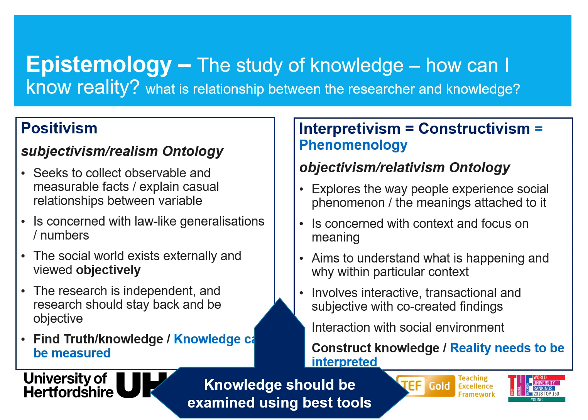They explore the way people behave or socialize in a particular context, and the meaning attached to it as well. Why people behave differently, or why this particular group of people behaves differently than others from the same age range or the same social cultural background. So this is concerned with the context and focuses on the meaning, and also aims to understand what is happening and why that happens within a particular context. Why he behaves differently than others, for example.